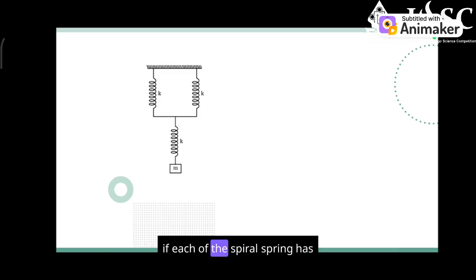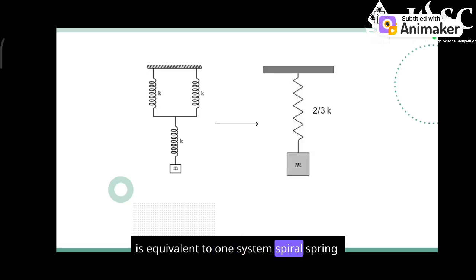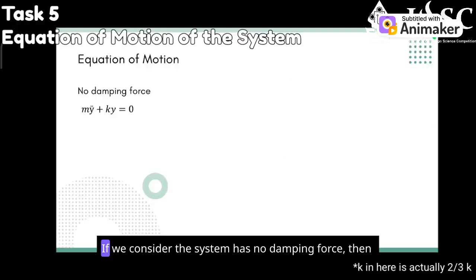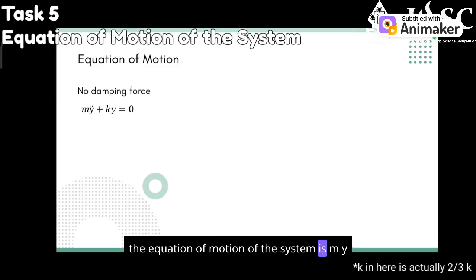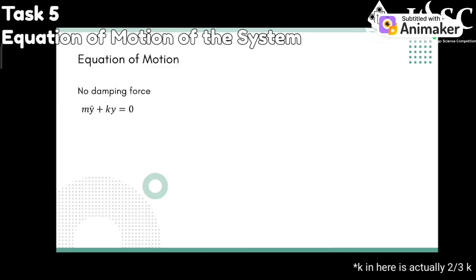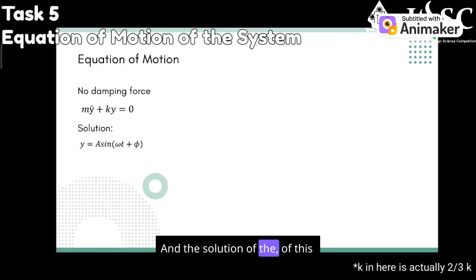If each of the spiral springs has a spring constant K, then the system is equivalent to one spiral spring with a spring constant equal to 2/3 of K. If we consider the system has no damping force, then the equation of motion of the system is m y double dot plus k y equals 0. And the solution of this equation is y equals A sine of omega t plus phi.